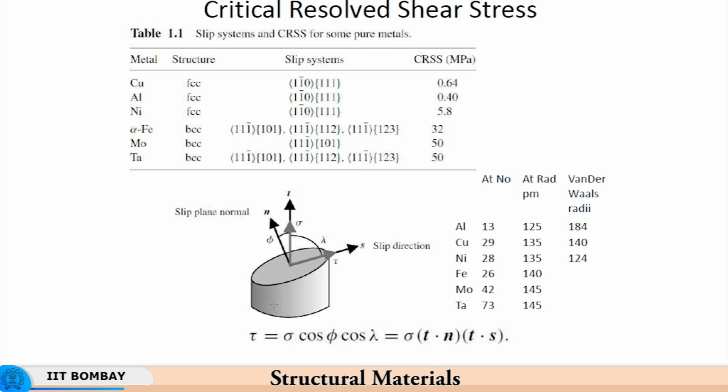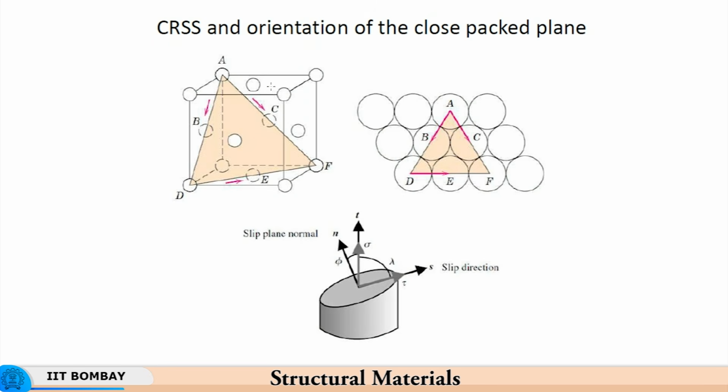So from a geometric point of view, the plane oriented at 45 degrees with respect to the tensile axis will have the maximum critical resolved shear stress. So now if this plane is oriented along 45 degrees with respect to the tensile axis, then you will get the material to behave the softest.